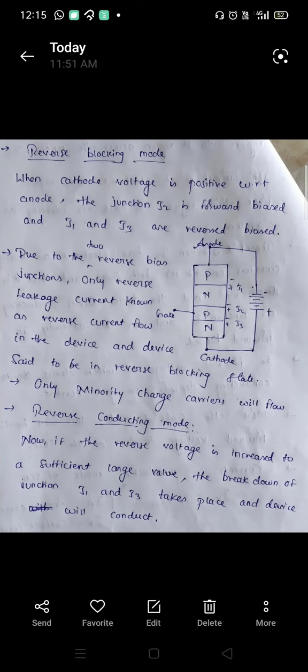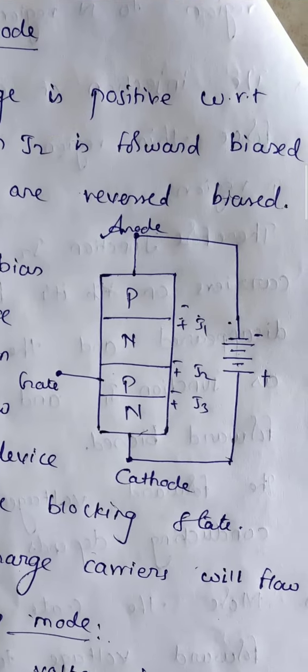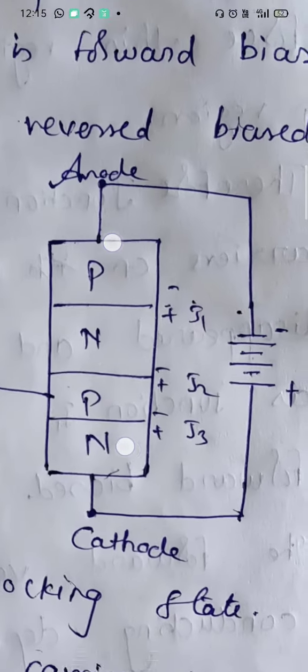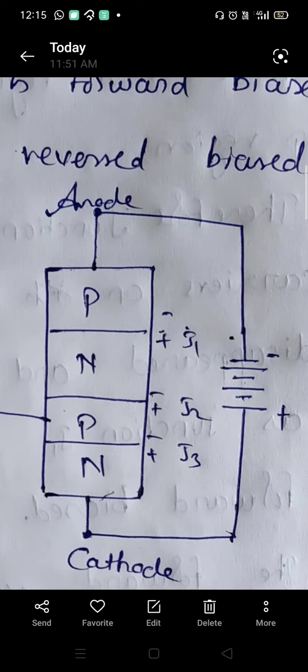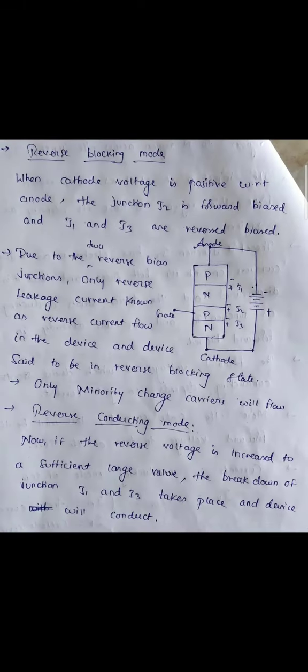So the third one is reverse blocking mode. Here the negative terminal is connected to the p-type region and the positive terminal is connected to the n-type region. At the junctions, in the top layer electrons are the majority carriers, and in the top layer of the n-type region, holes are the majority carriers.